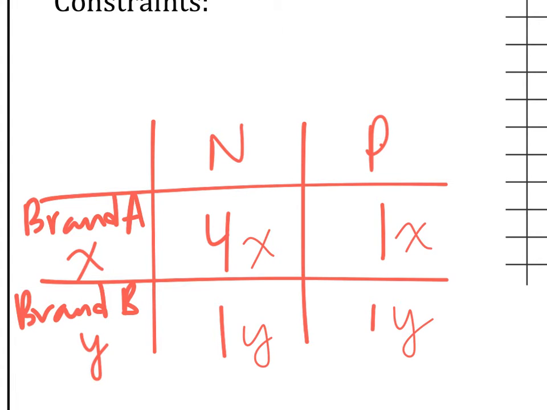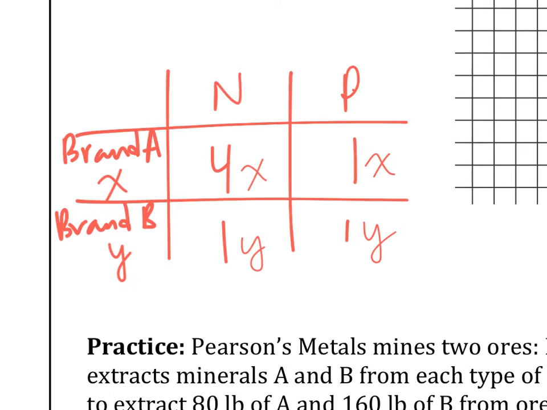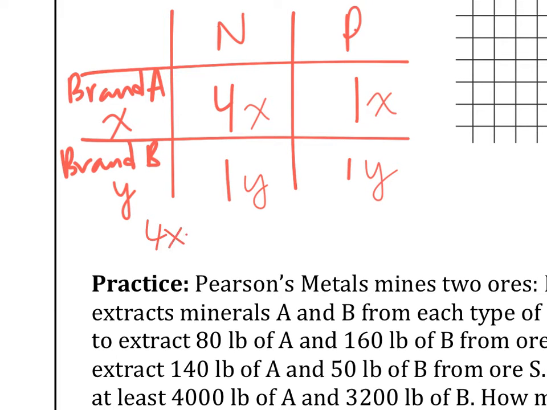Total 4x plus y. Yes. Okay, so 4x plus y is the total amount of nitrogen you get. And this produce place says they have to get at least what? 180. So this has at least 180. Same thing with phosphorus.